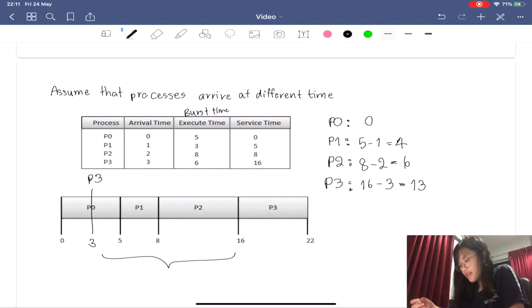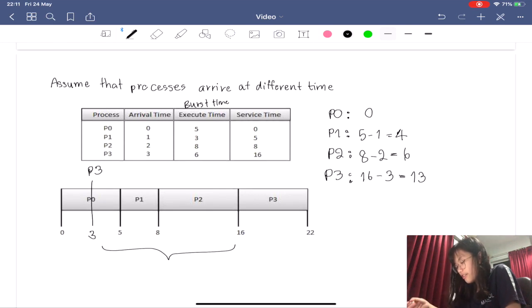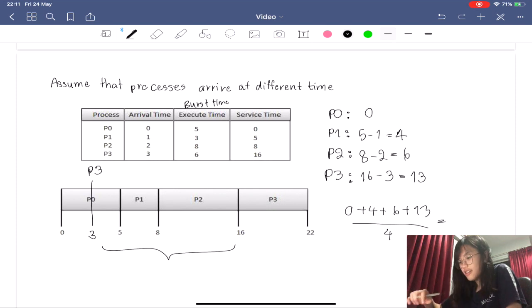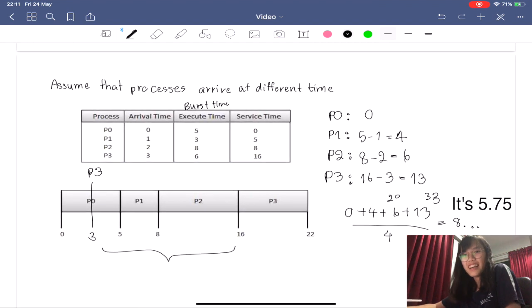And then we can calculate the average waiting time by adding them together and dividing by the number of processes, which is 4, and we get around 8 point something. So this is the second example.